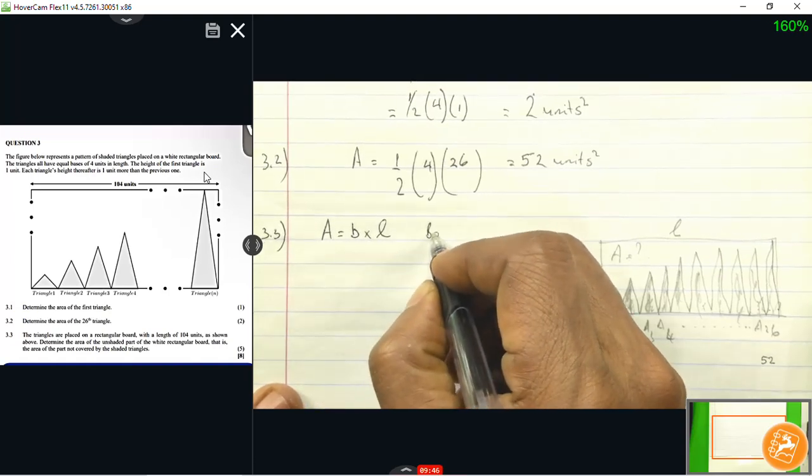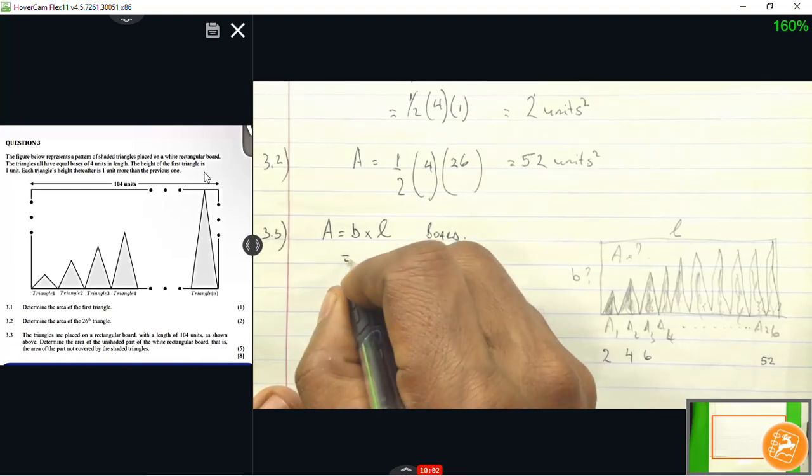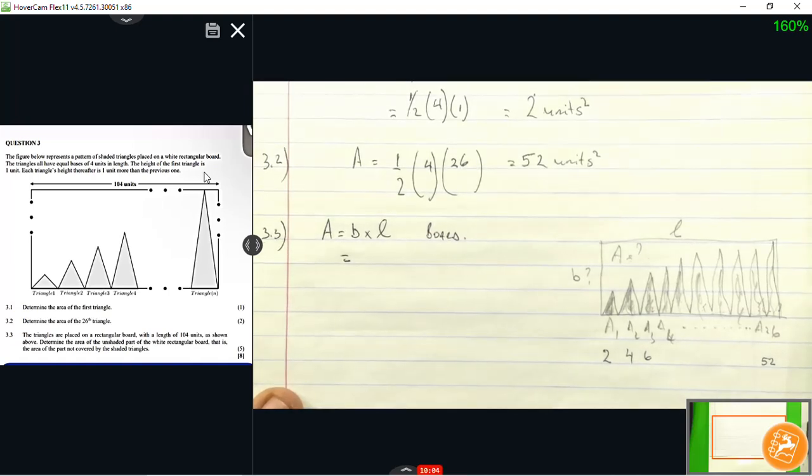This is my board, isn't it? Then from that area I can subtract the area of the triangles. Okay, so what is the area of my board?